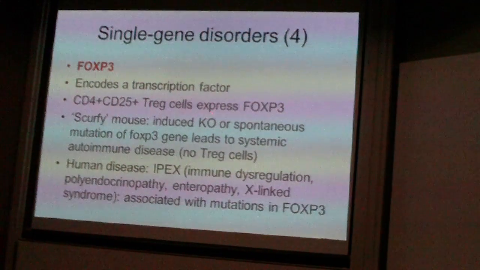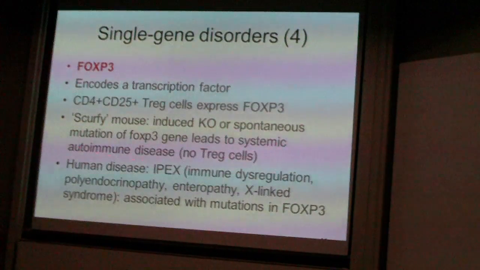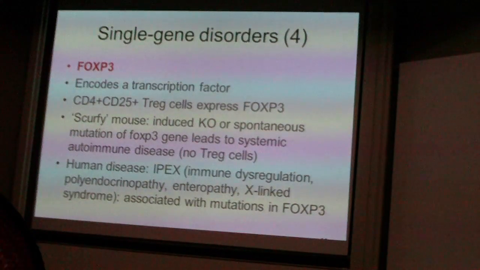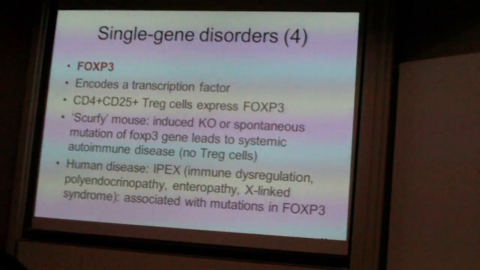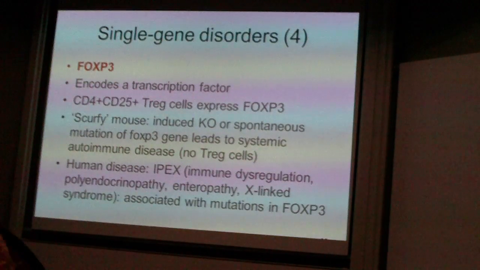There's also a mouse model where, if you knock out the same gene, you also see a very systemic autoimmune pathology. And again, there are no Tregs in this disease. So this brings everything together. Human disease with a mutation in FOXP3. FOXP3 is important in T cell regulation. If you knock out FOXP3, you get an autoimmune pathology with no regulatory T cells.